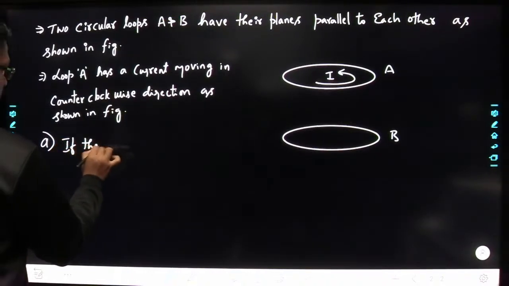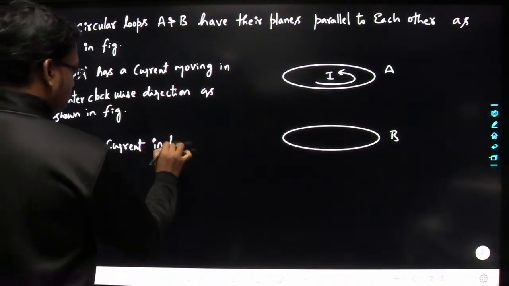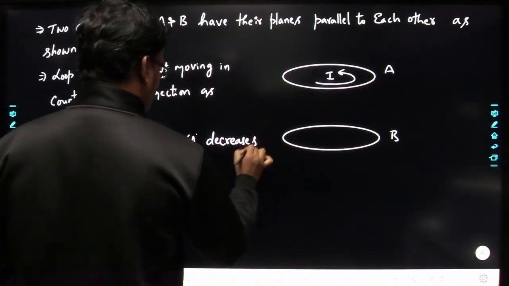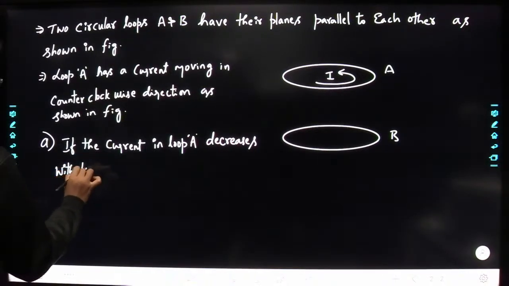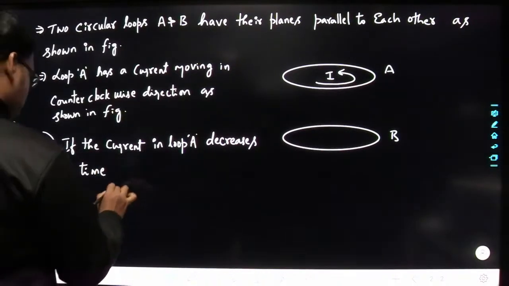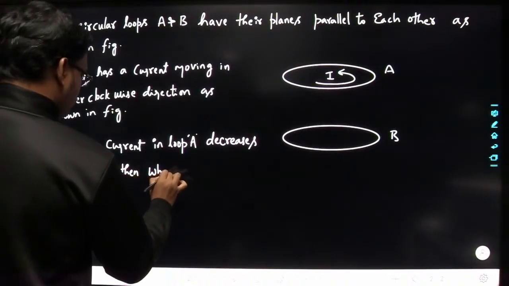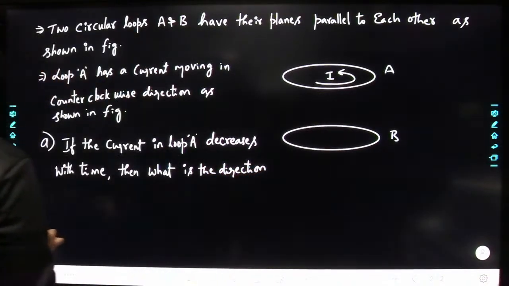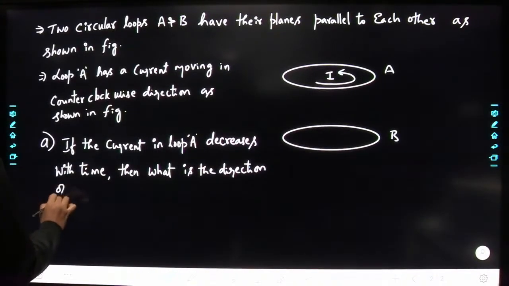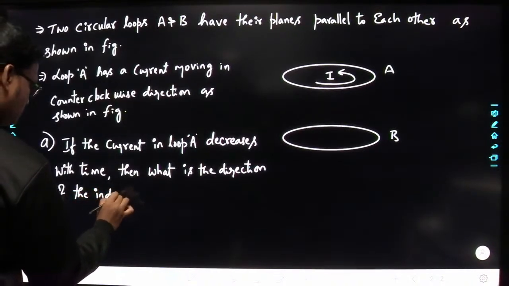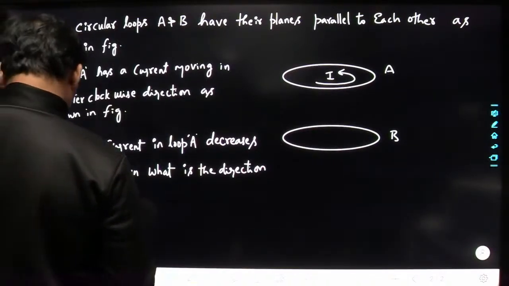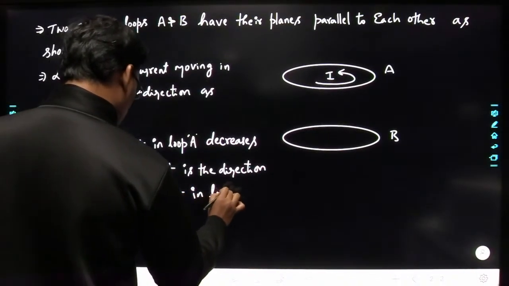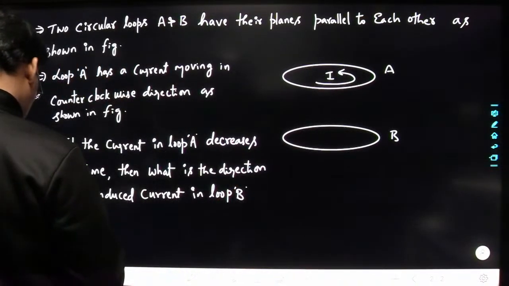If the current in loop A decreases with time, then what is the direction of the induced current in loop B?